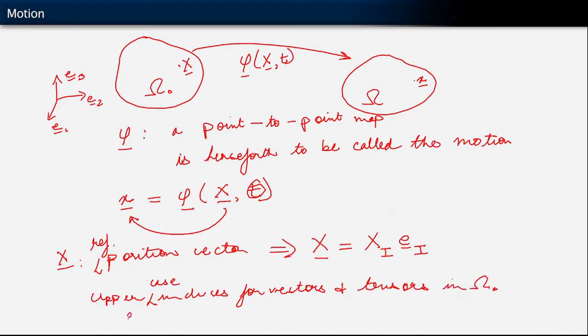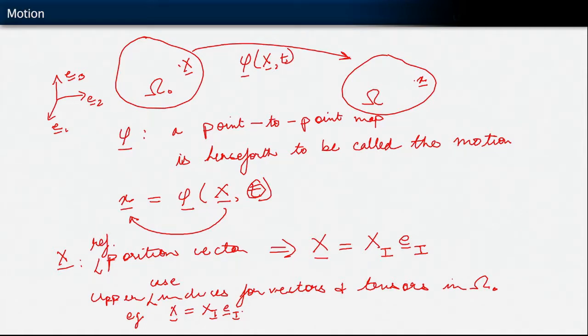And our first example was right here. X equals X sub I E sub I. It's just a way for us to remind ourselves as we get deeper and deeper into our coordinate notation that a particular vector or tensor lives on the reference configuration.